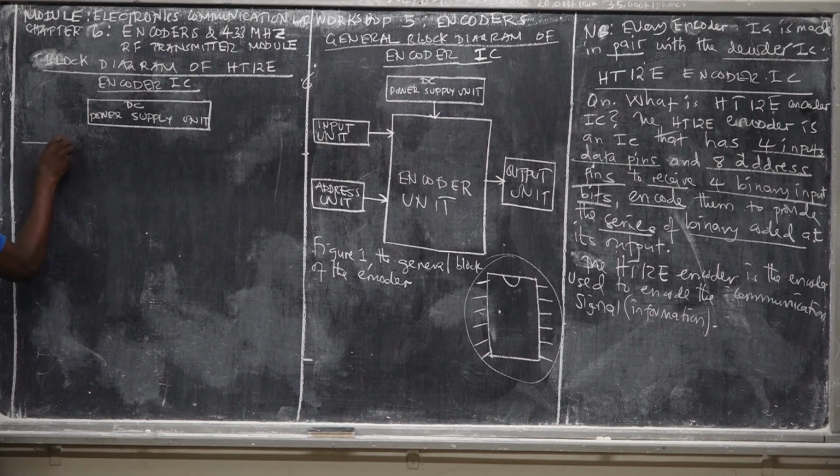Then the next block is what? So what will be the input of the encoder? The next block is called what?